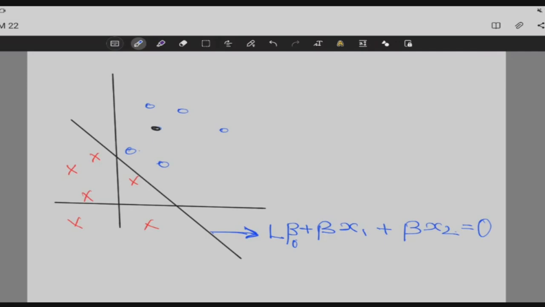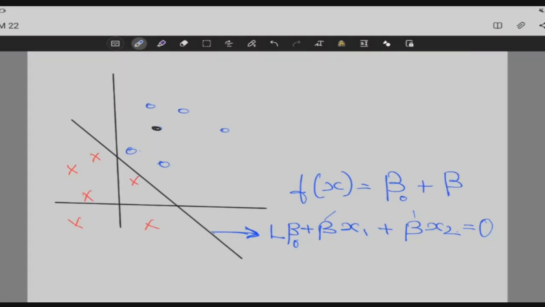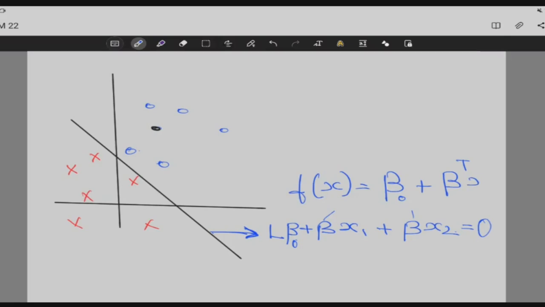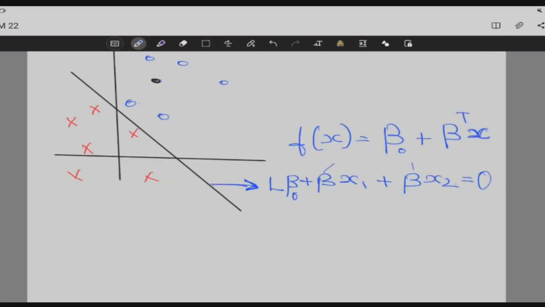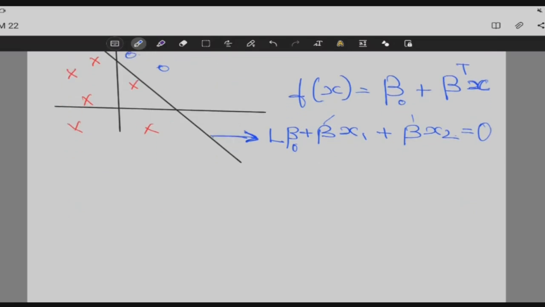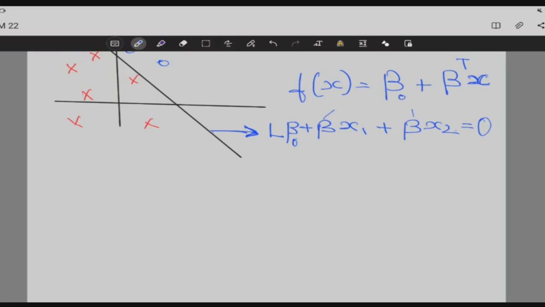I generalize this as f of x is equal to beta naught plus beta transpose x. So this defines a plane. Ax plus by plus c is an equation of a plane, right?